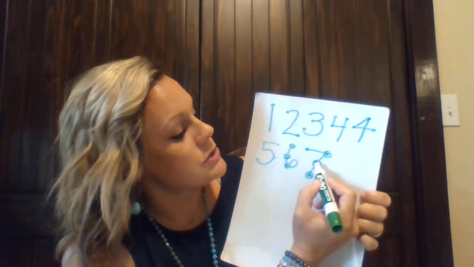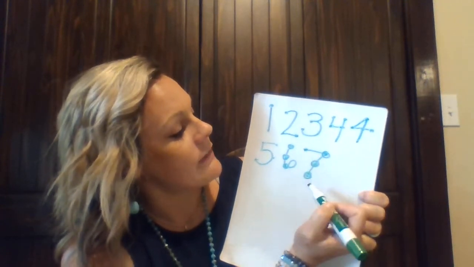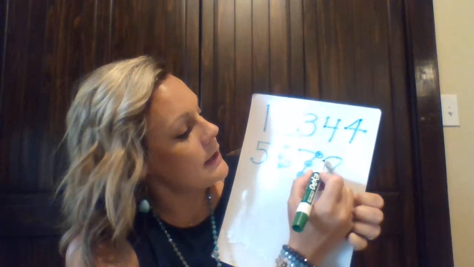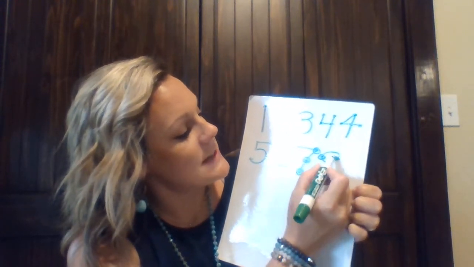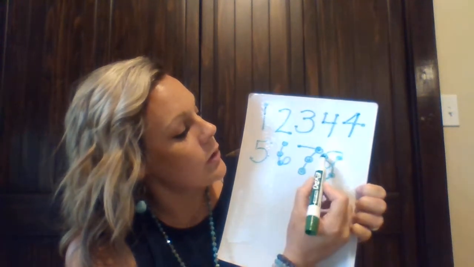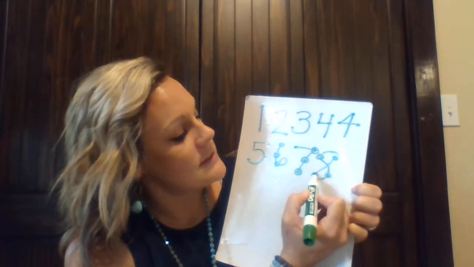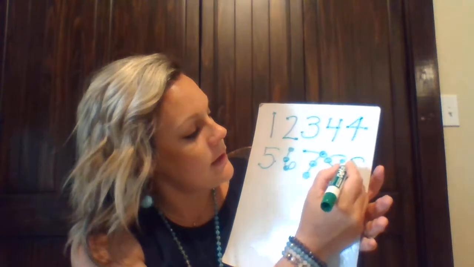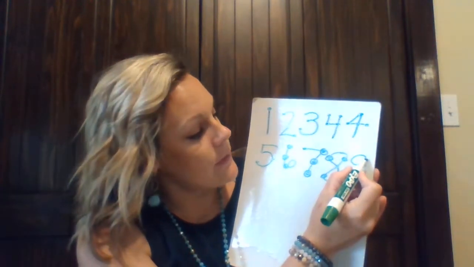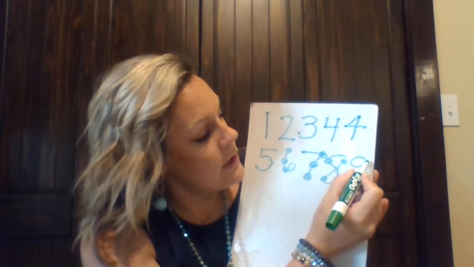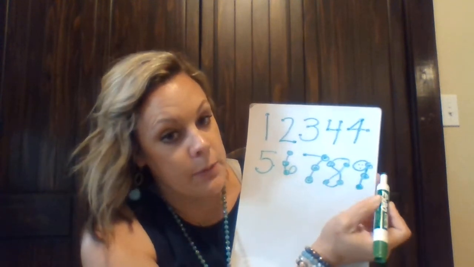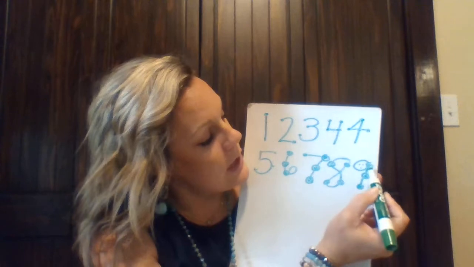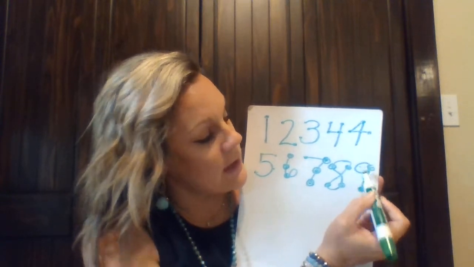So it would look like this: 1, 2, 3, 4, 5, 6, 7. 8 is 1, 2, 3, 4, 5, 6, 7, 8. And then the 9 is 3 down the back: 1, 2, 3, 4, 5, 6, 7, 8, 9. And remember, it would look like this.